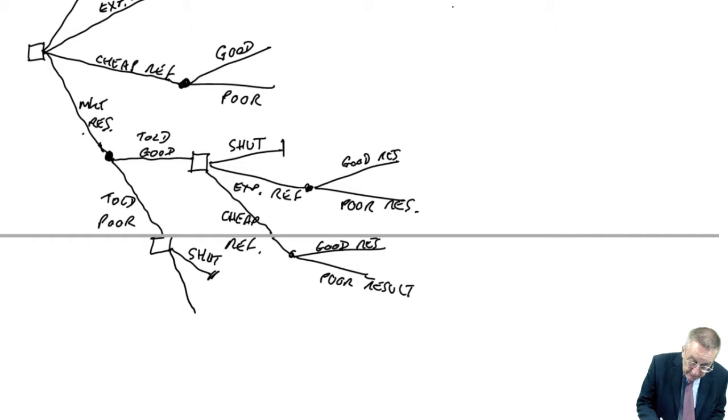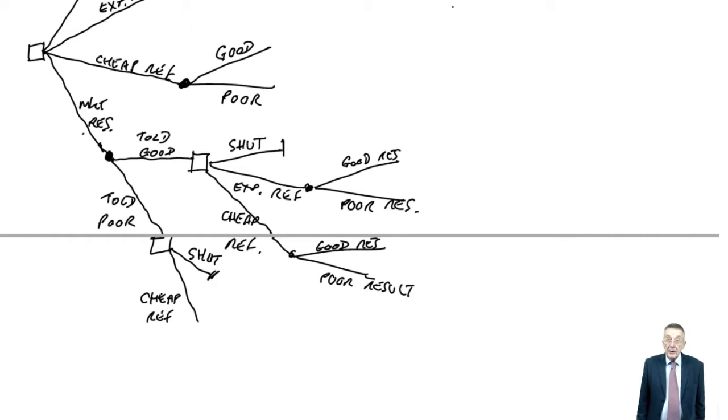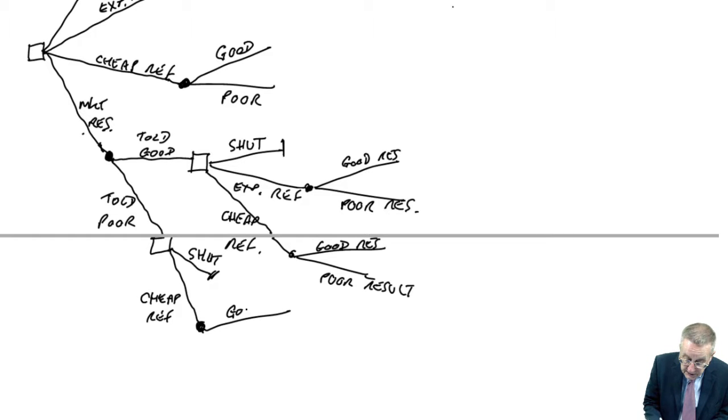Or we could do the cheap refurbishment. Now, of course, if we decided to shut, that's the end. But finally, if we do the cheap refurbishment, then even though market research thinks the result will be poor, the result could be a good result. It could be wrong. Or more likely, of course, it could still be a poor result.